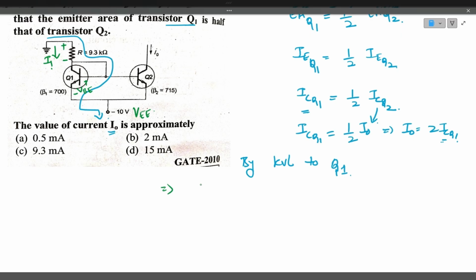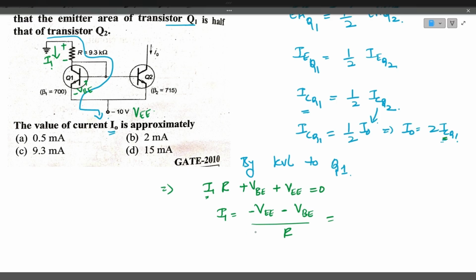Now you write down the equation I1 times R, that is the normal resistance R, plus VBE plus VEE is equal to 0. This is the equation. Now you need the value of ICQ, that is nothing but I1. I1 is equal to minus VEE minus VBE divided by R.